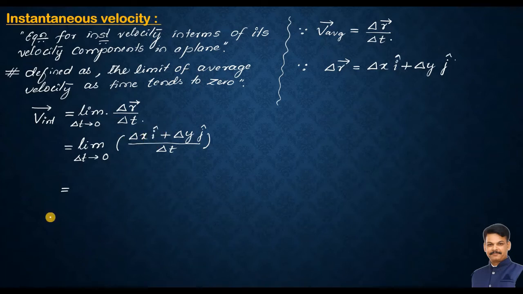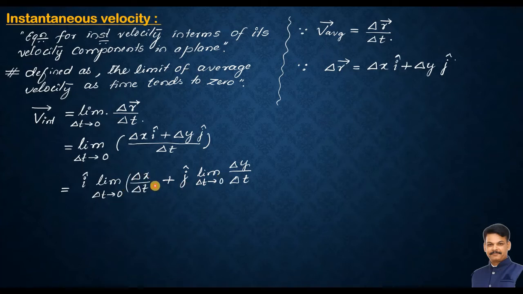The unit vector comes out of the limit, as it is a vector, so it remains as i cap, and we apply the limit to delta x by delta t as delta t tends to 0, plus in the same way j cap is out, and we apply the limit to delta y by delta t as delta t tends to 0.